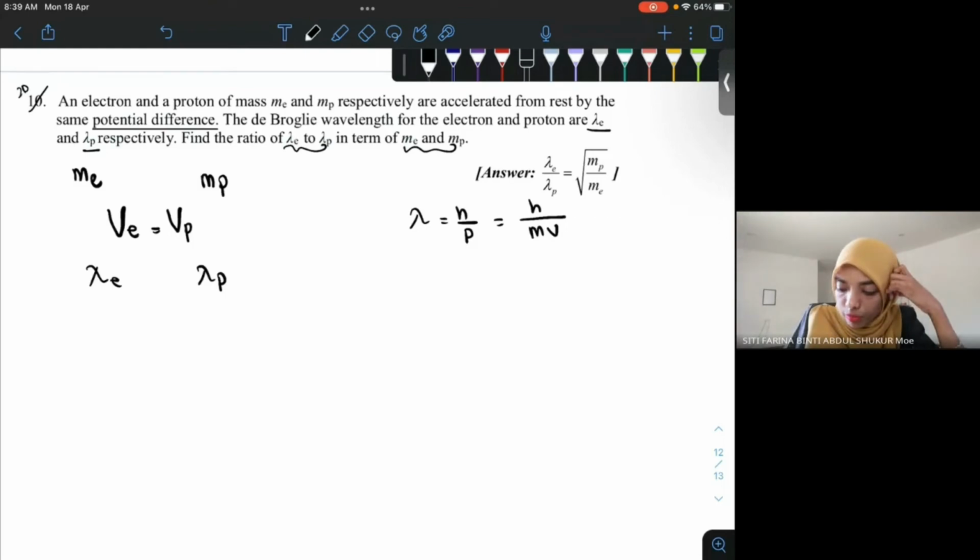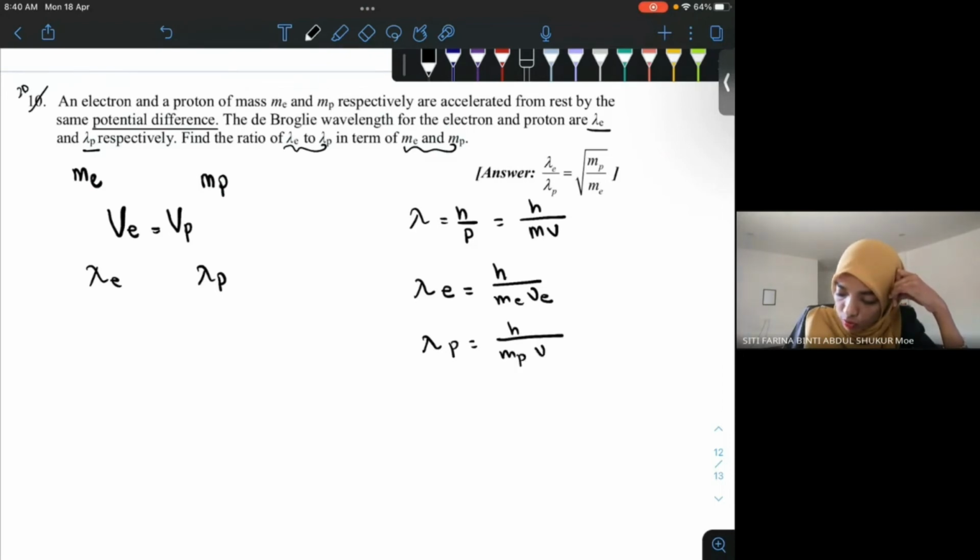Alright. So, from here, lambda of electron akan sama dengan h over mass of electron, velocity of electron. Okay. And then lambda of proton akan sama dengan h over mass of proton, velocity of proton.